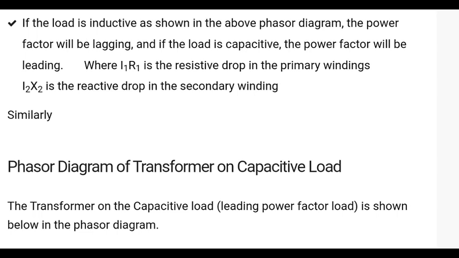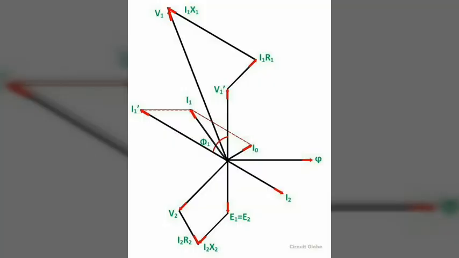Similarly, the phasor diagram of the transformer on capacitive load is shown in the next figure for leading power factor. This is the phasor diagram of the transformer on capacitive load for leading power factor load.